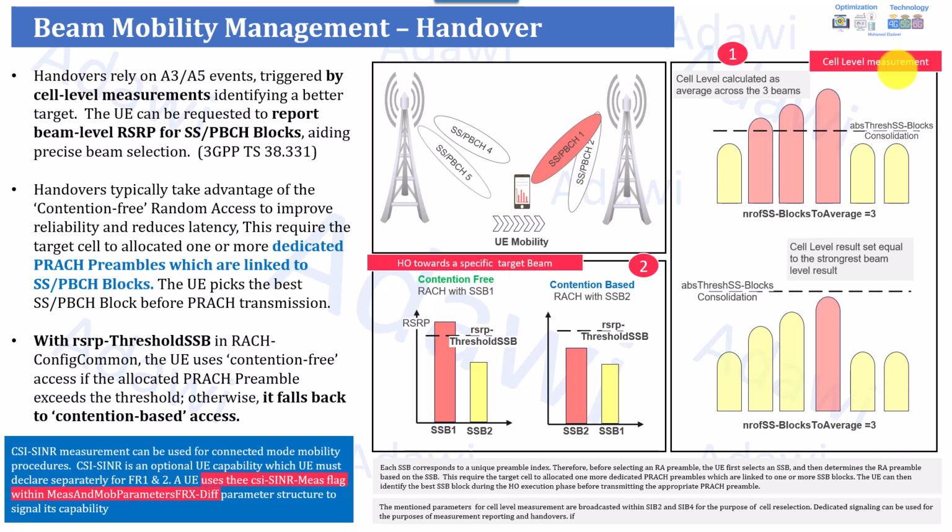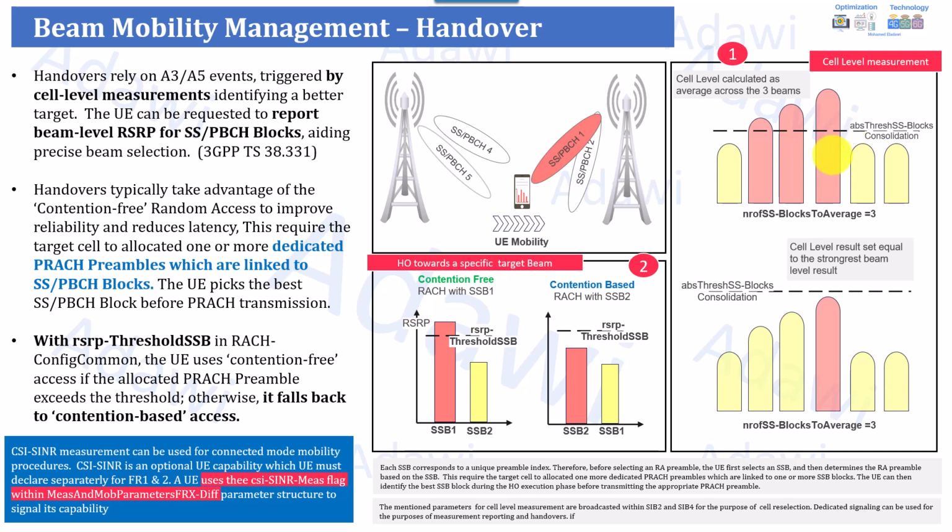So how is this done? Initially there are two parameters that are delivered. One is called absolute threshold SSB blocks consolidation, and the other is called number of SSB blocks to average. These two parameters can be used during the cell level measurement and the cell reselection, so the user can decide which cell is the best during cell selection or during handover. In the case of cell selection, this information will be delivered within system information block type 2 or system information block type 4.